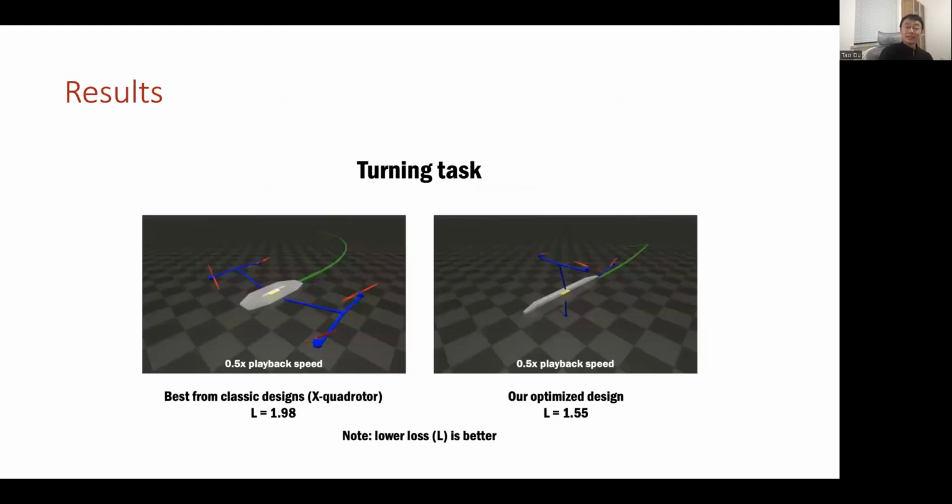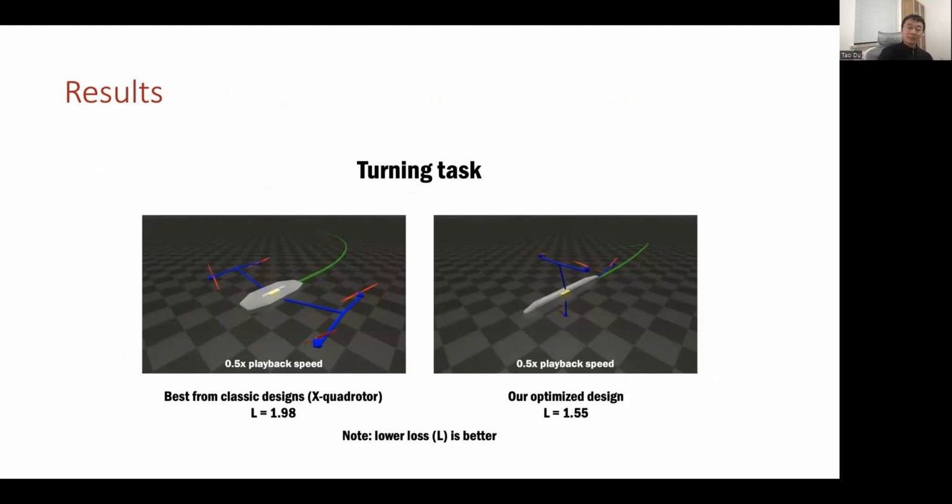So let me end this section with one of the several results demonstrated in this paper to show you how this search algorithm can actually discover something interesting.